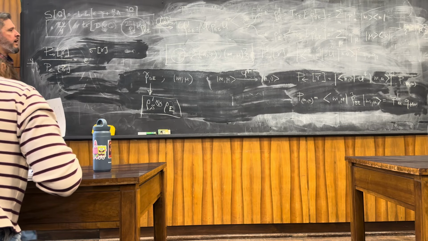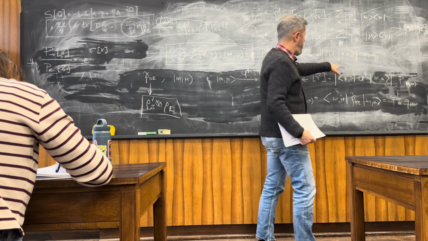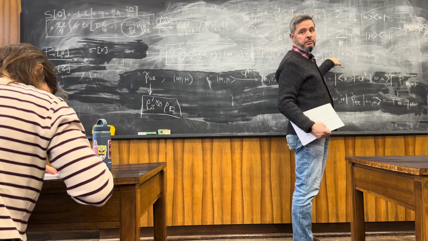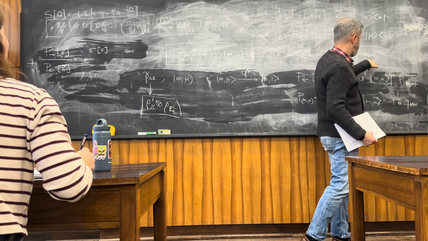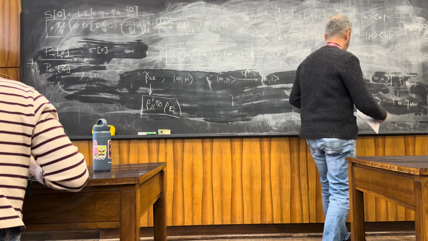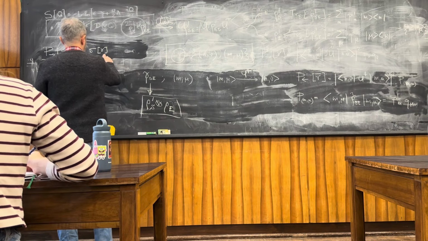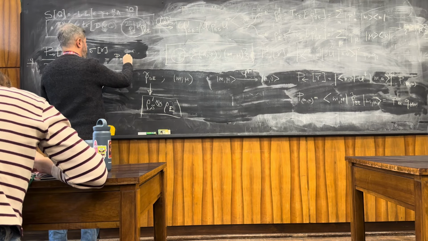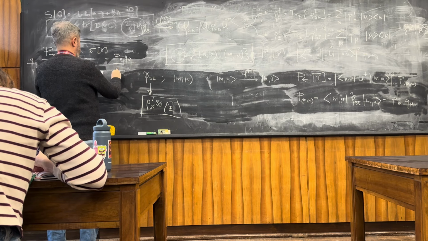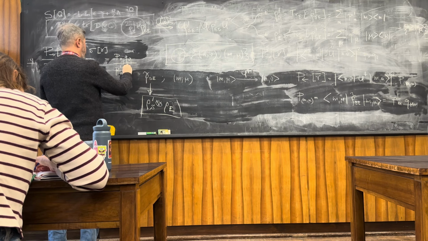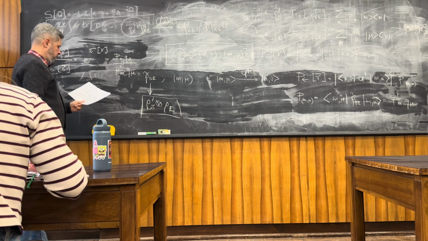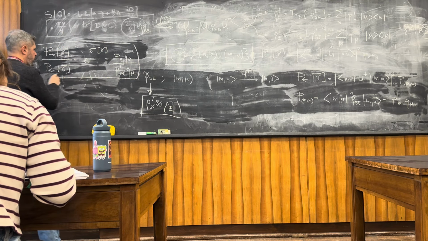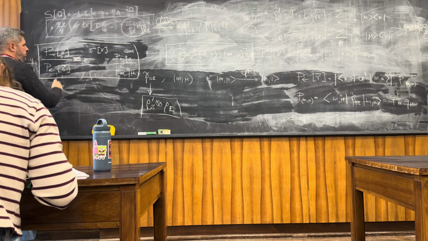Now, if you take the ratio of these two probabilities, you see that this matrix element and this matrix element are equal. So you will get just the ratio of these two initial measurements, which is equal to e to the minus Q mu, P prime, and Q. Right, so this is my definition.